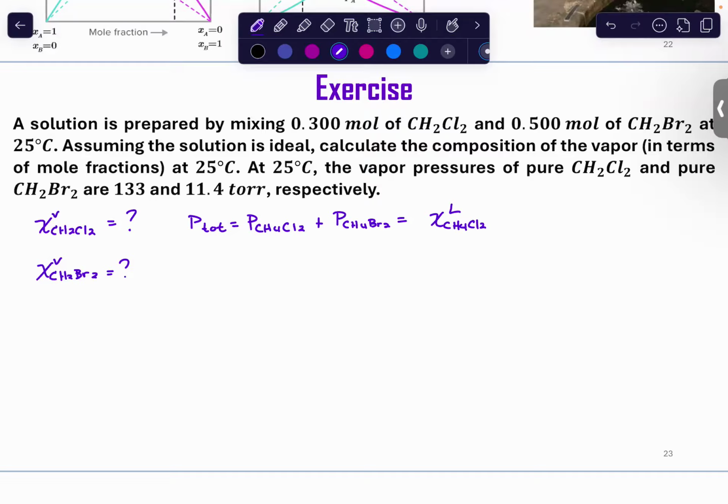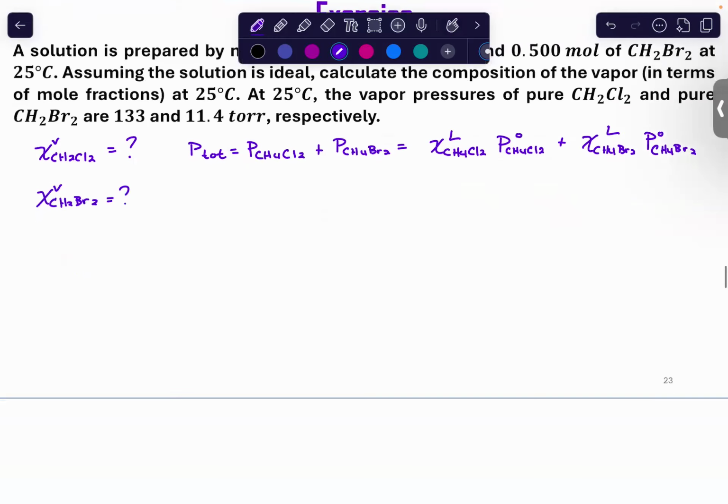So this is where we're going to use our mole fractions in the liquid phase. Okay, so we're setting it up like this. Let's find out those mole fractions in the liquid phase.